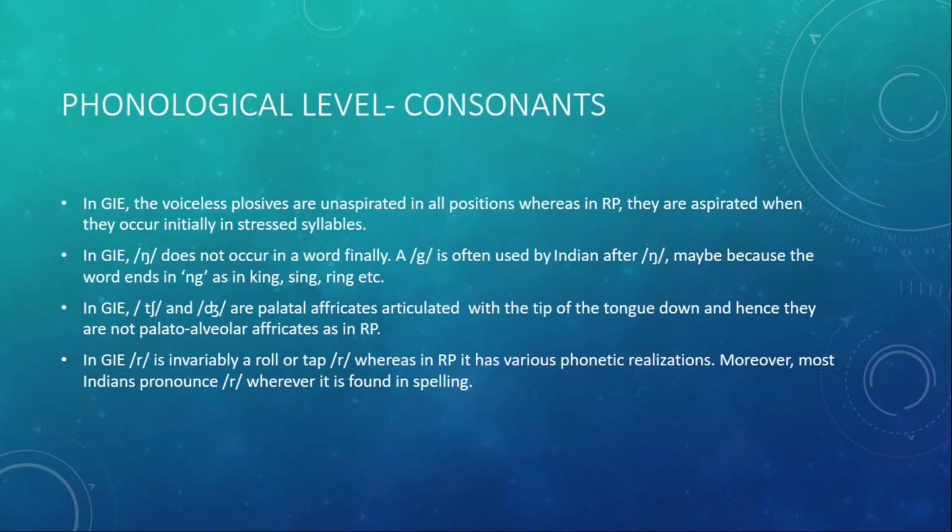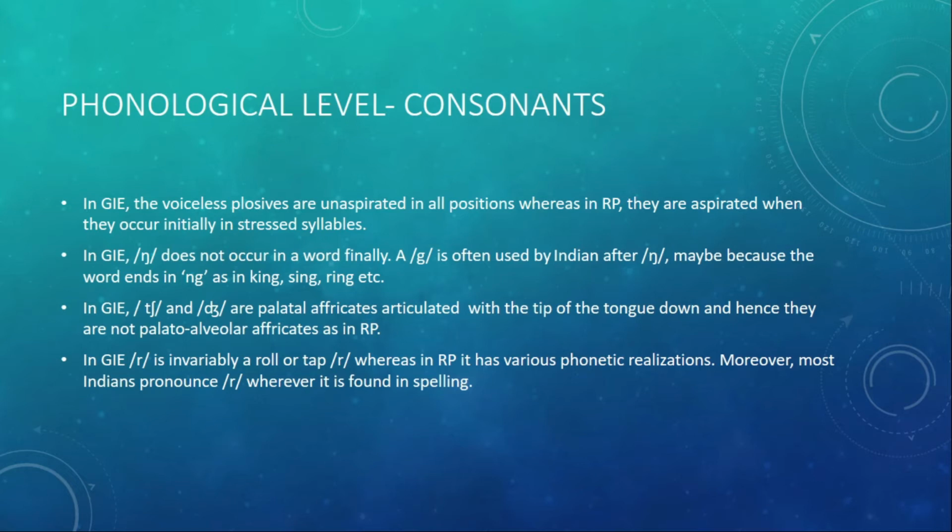So in GIE, the voiceless plosives are p, t, k, etc. These plosives are actually unaspirated in all positions in GIE. Unaspirated means when you utter these consonants, a little breath of air won't come out.